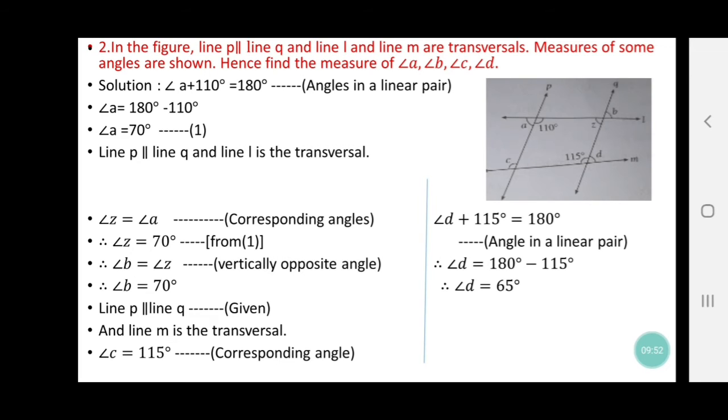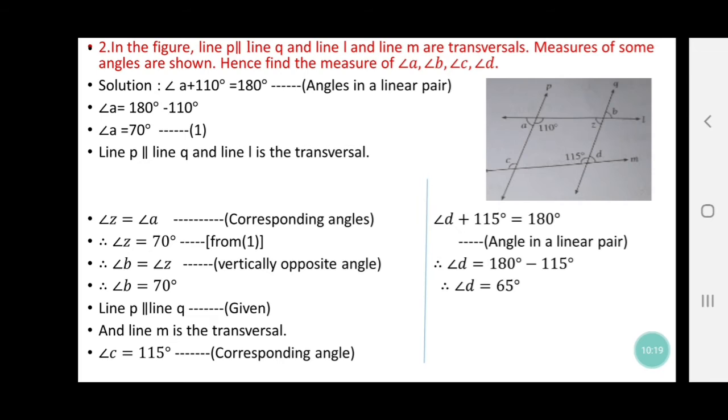Fine. Now the next one is line P is parallel to line Q and L is the transversal. Which is the transversal? Line L is the transversal. Okay. So here this angle A will be equal to angle Z. Why is it equal? Because it is forming corresponding angles.